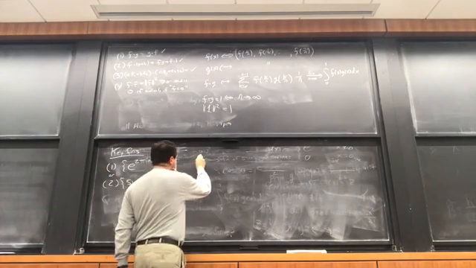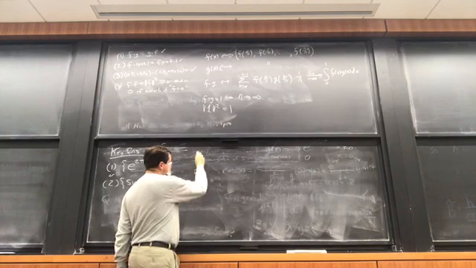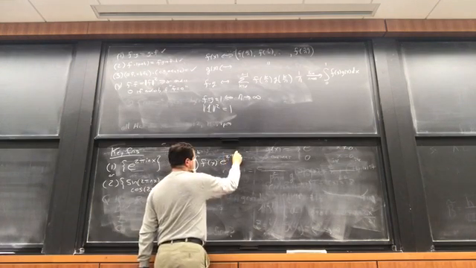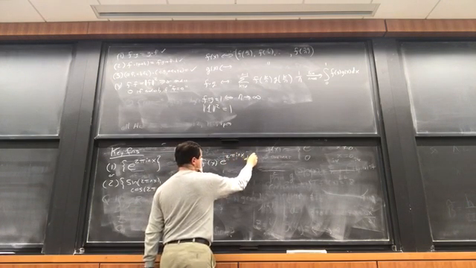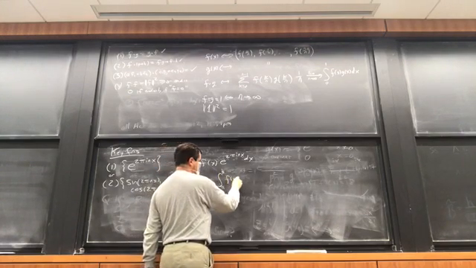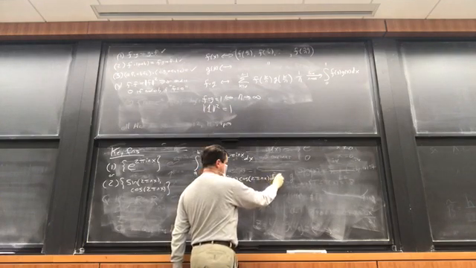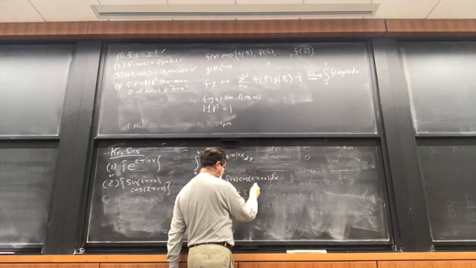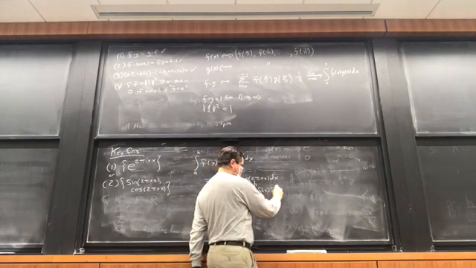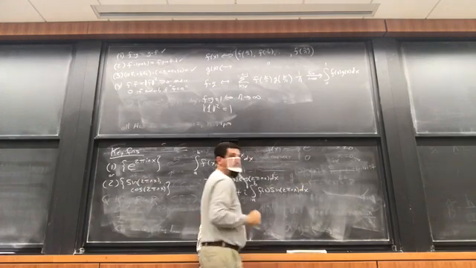And so if I want to find the integral from, say, a to b of f of x e to the 2 pi i n x dx, by this I just mean the integral from a to b of f of x cosine 2 pi n x dx plus i times the integral from a to b of f of x sine 2 pi n x dx.